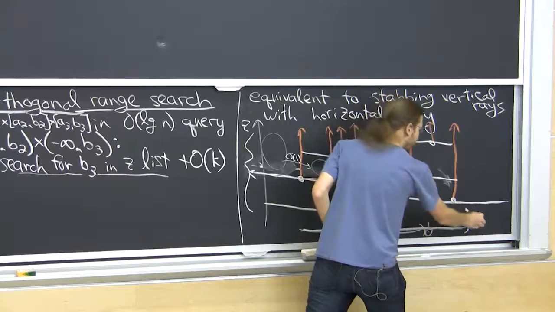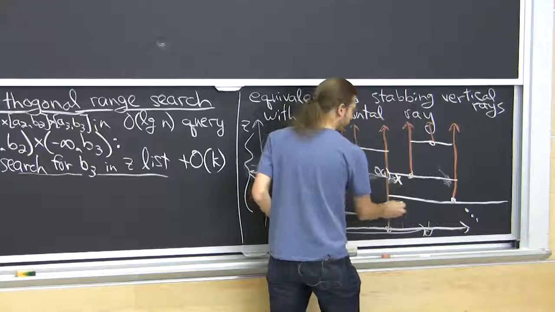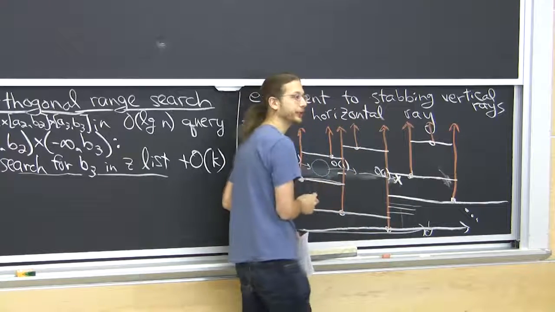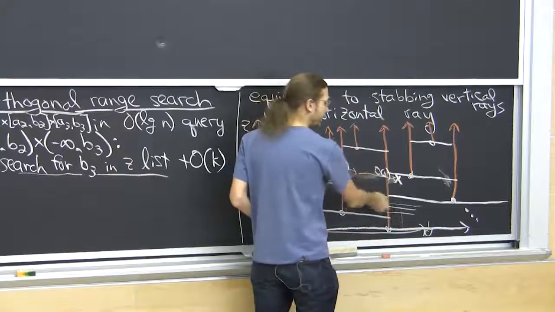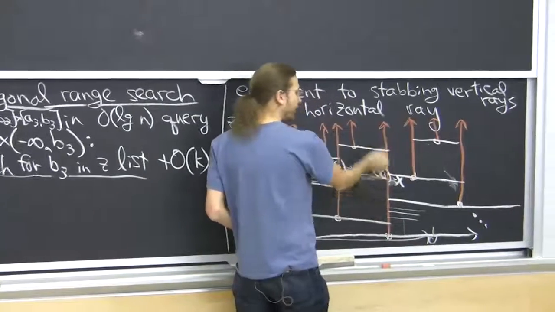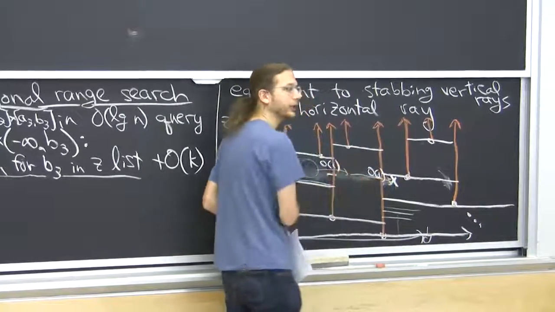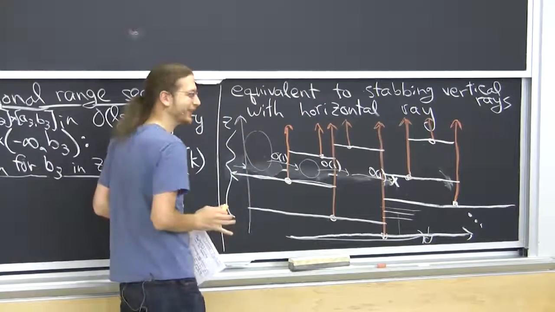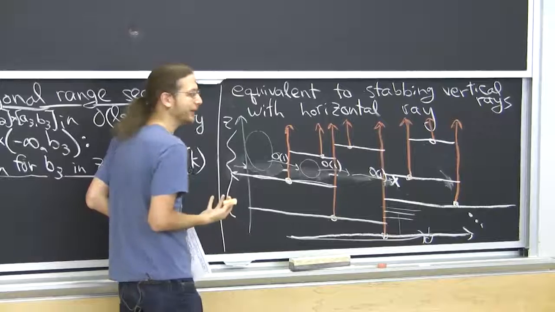If I draw a whole bunch of points like this, they'll each have a segment. And in general, this face will have large degree. And so I need to find my z-coordinate again somewhere in here. Turns out, with essentially fractional cascading again, you can avoid that.